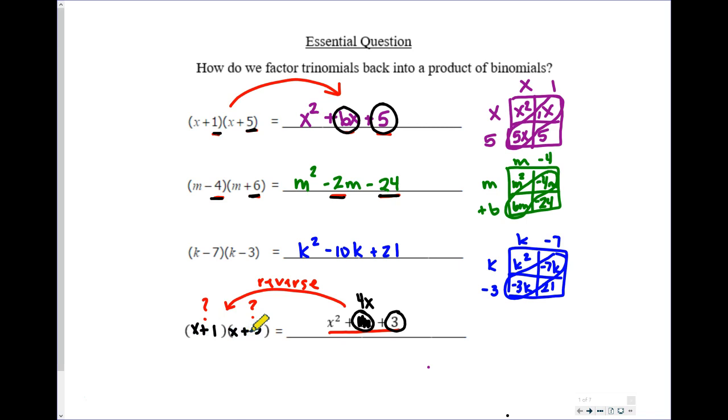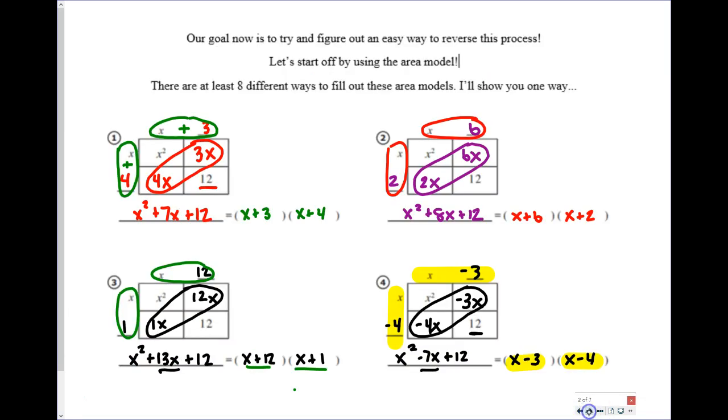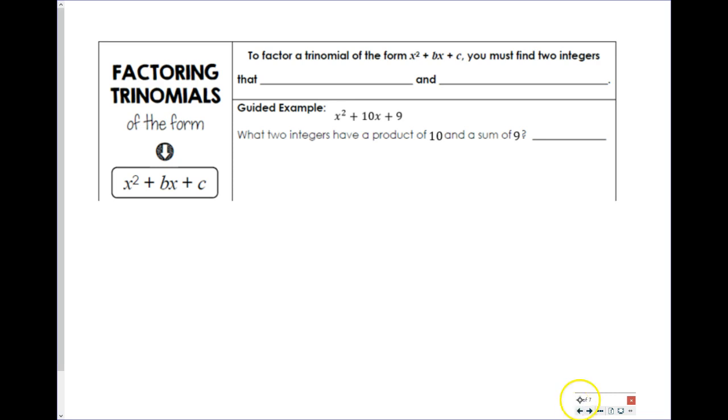I've got a couple strategies to help you do this. Let's write down the formula first, just so you have it in your notes. You're looking for two integers that multiply to the last number and add to the middle number.